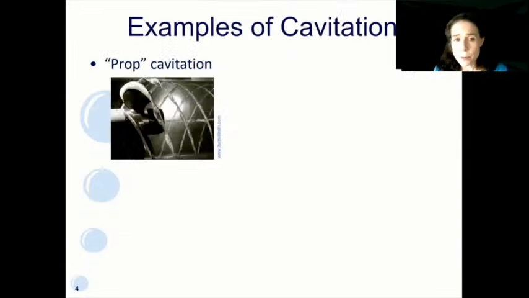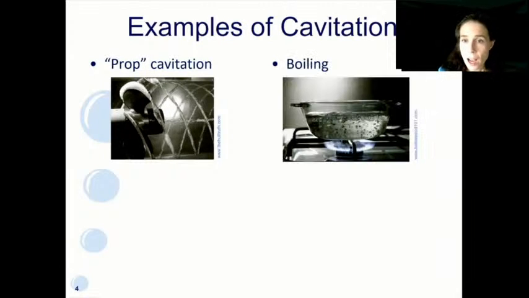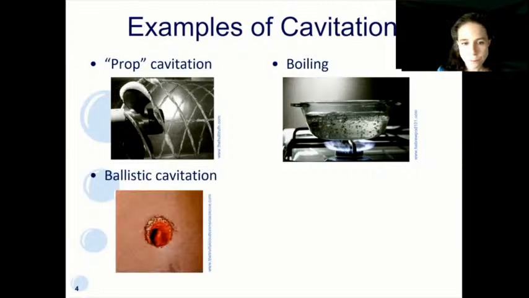Now, there are lots of examples where cavitation occurs. I briefly mentioned propellers in the dictionary definition, where you have machinery rotating very, very quickly in a liquid. The pressure drop associated with that motion can be sufficient to produce bubbles. Everyone is obviously familiar with boiling, whereby the temperature in the liquid is sufficient to create a phase change and you get boiling bubbles formed.